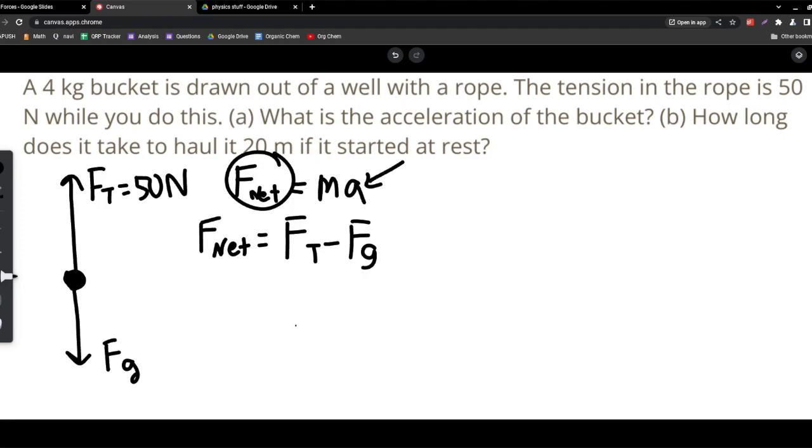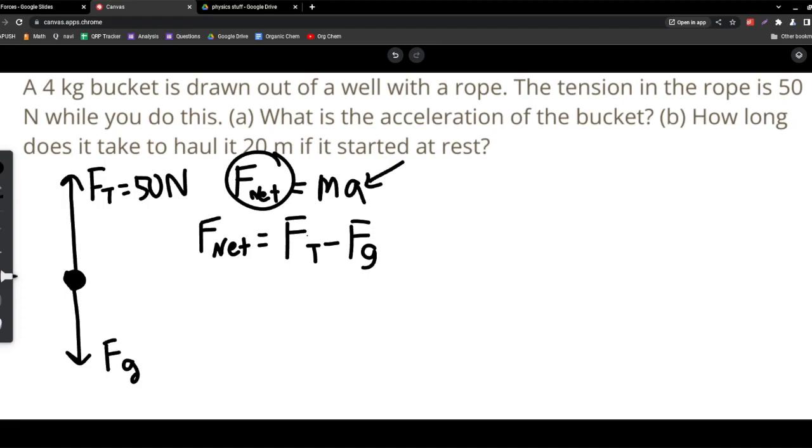Well, the object is moving upwards, so that's implying that the tension force is stronger than the gravitational force. Because if the gravitational force was stronger, then it would be this minus the tension force, and the object would be pulled downwards. So you just have to look at how the object is moving in this case and use your intuition.